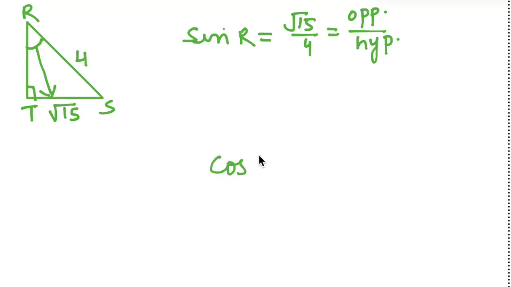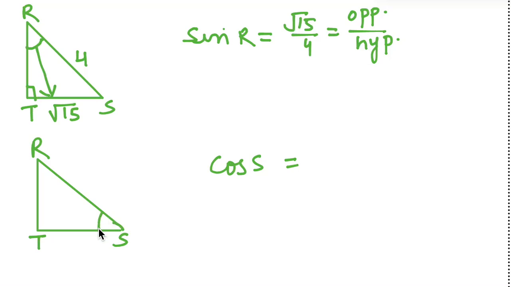And cos S is asked. Let's see what sides are used for cos S. If we need the third side, we can use Pythagoras to calculate it, but let's see whether it is needed or not. So if it is T, S and R, theta is at S. Cos theta is what?